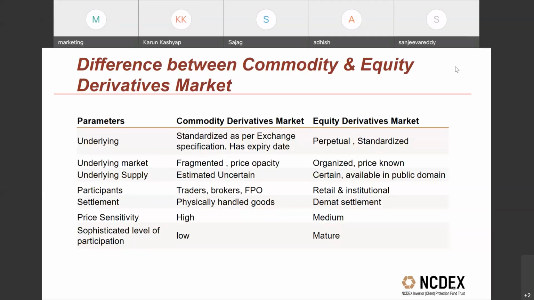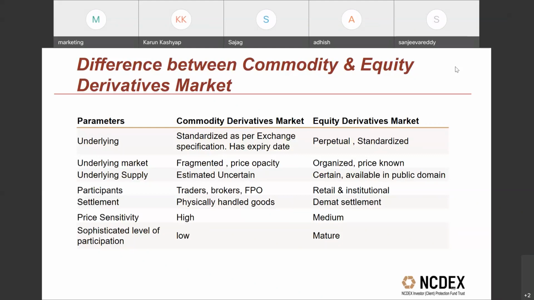Then we have underlying supply issues, which is very true in the current situation for soybean. We have a supply deficit in soybean. But this does not happen in equity, because a commodity is a consumable item: there is a supply, there is a demand, and it gets consumed.